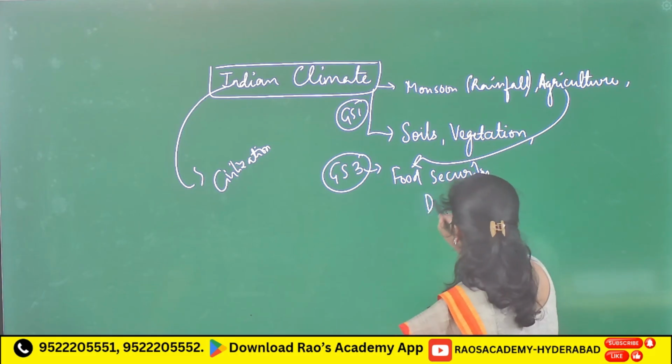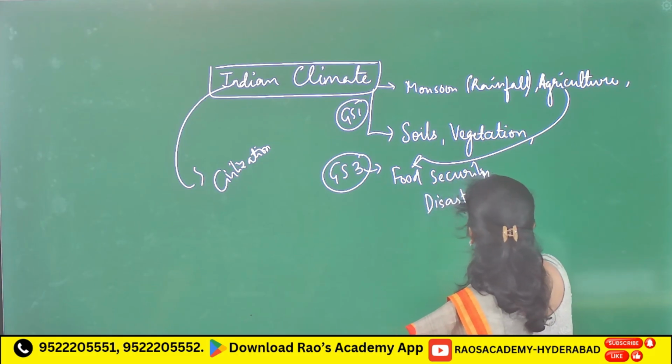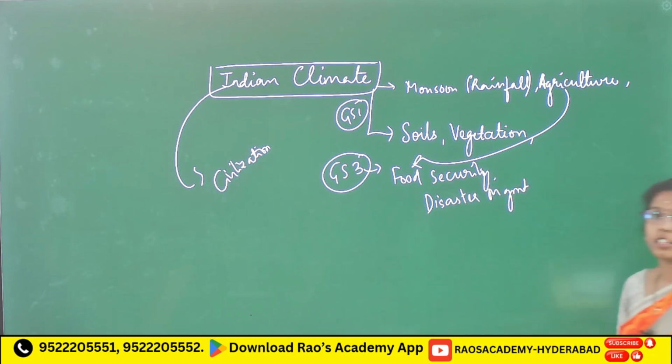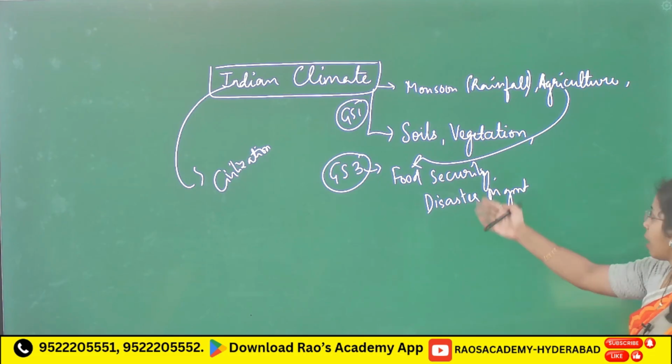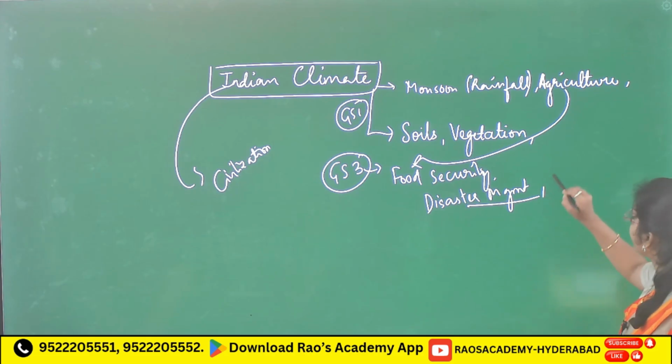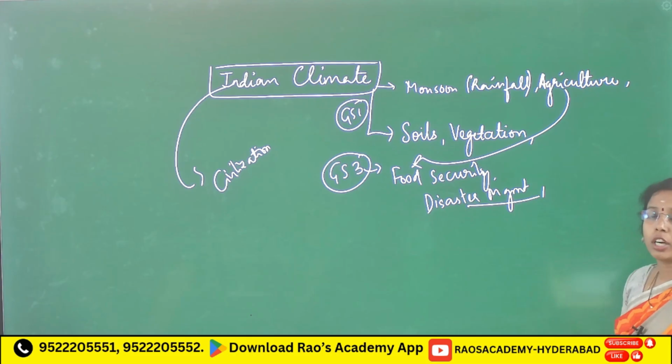Yes, disaster management. Because of Indian climate, we have seen natural calamities, and natural calamities are covered under disaster management, which is very important for GS3. Because of Indian climate, we have seen agriculture.